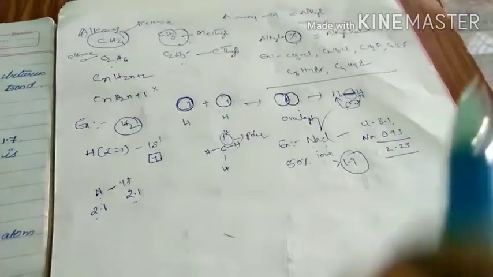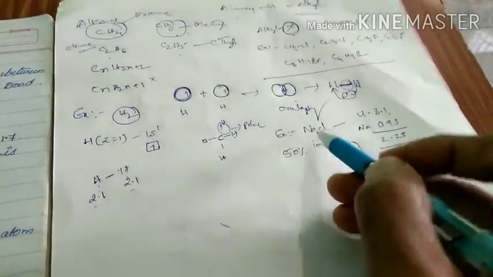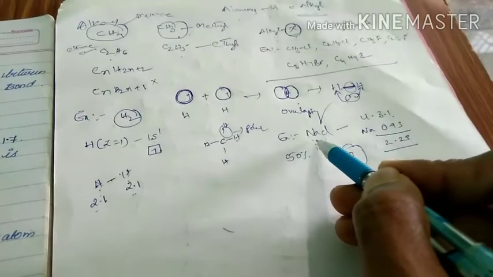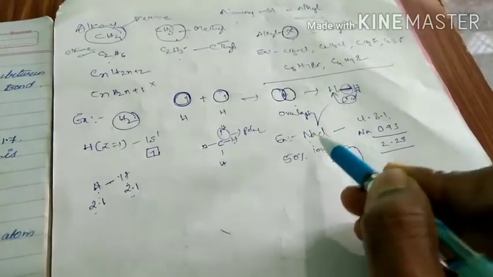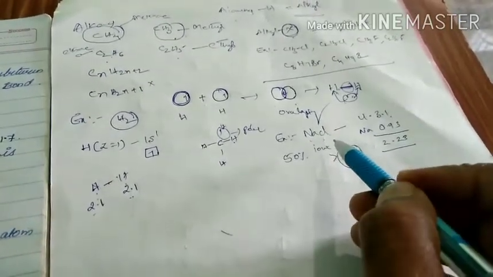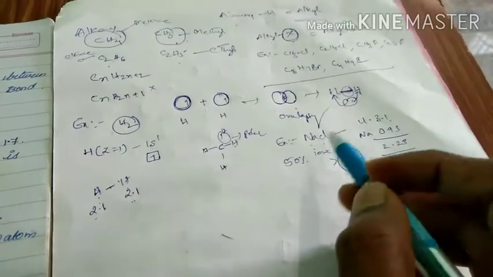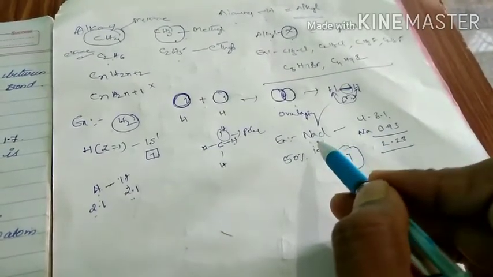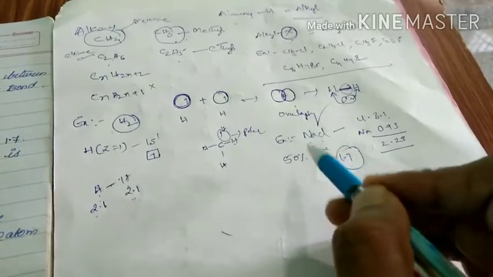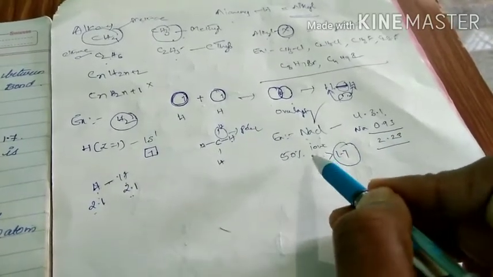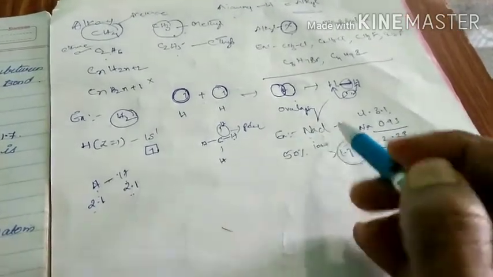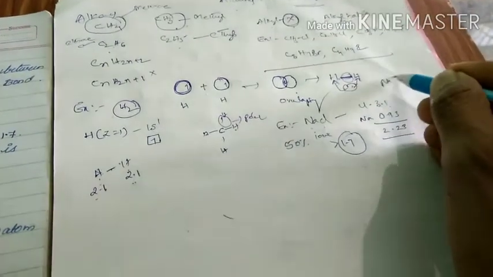Here one more point is also there, that is, between Na and Cl covalent bond is also there, but it is very less, and ionic bond formation is more. That is why ionic bond dominates covalent bond in this case. That is why we usually write Na+ and Cl-.